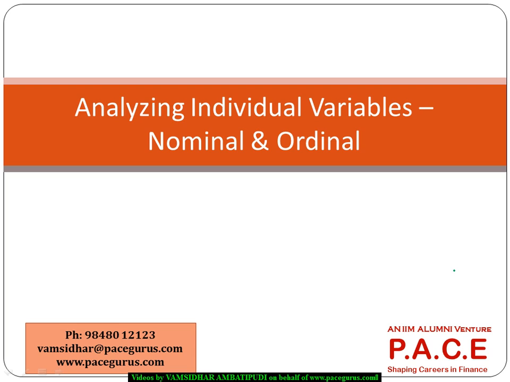My name is Vamsidhar. As a part of this session, let's look at analyzing the individual variables, especially the nominal and the ordinal variables. As we have discussed in our earlier sessions, the data could be represented in the form of nominal or ordinal or even scale.